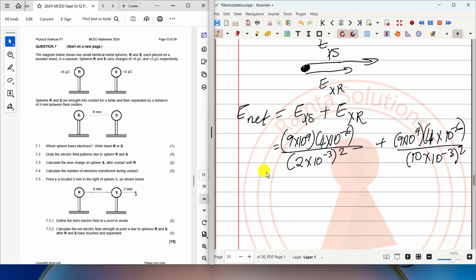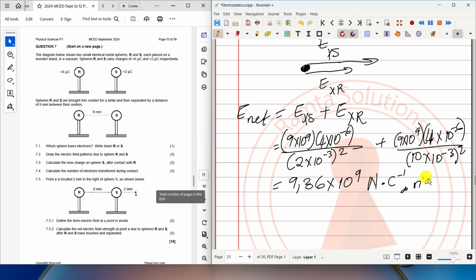So now we have 9.36 times 10 to the 9 newton per coulomb. I forgot I can use 3 significant figures. Where is it going? We will say to the right, because the answer is positive. So this is our answer.